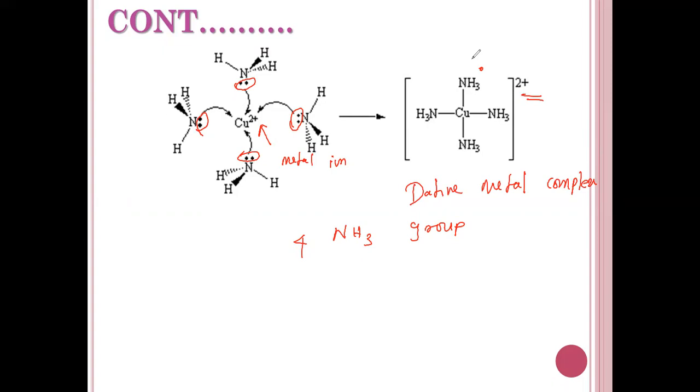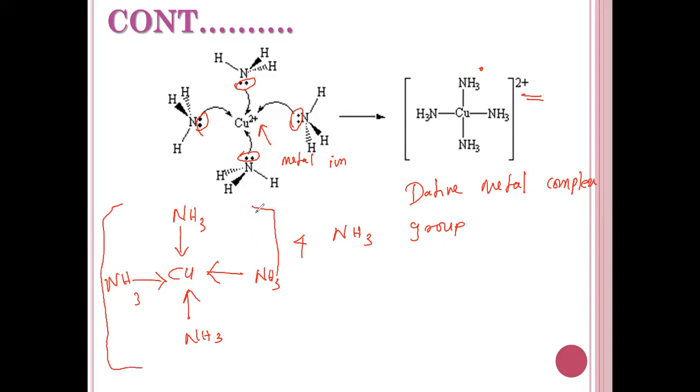So you can write it either like this, the copper with the providing nitrogen, in a square bracket with the charge, and I will show you a simpler way.